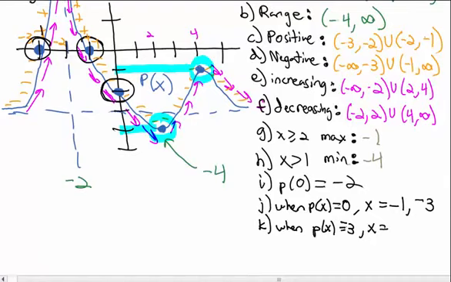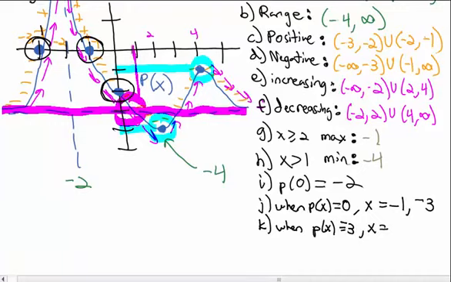What I want to notice about -3, as I'm marking up this graph significantly, -3 is the asymptote. But because it's a horizontal asymptote, we are allowed to actually hit the asymptote. So we hit it once at 1 and once at 3. So x is equal to +1 and +3.